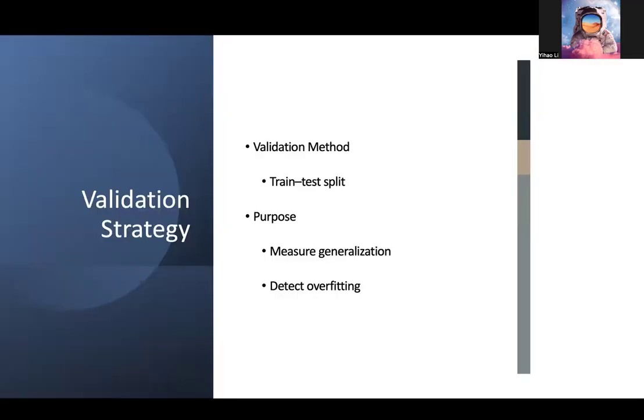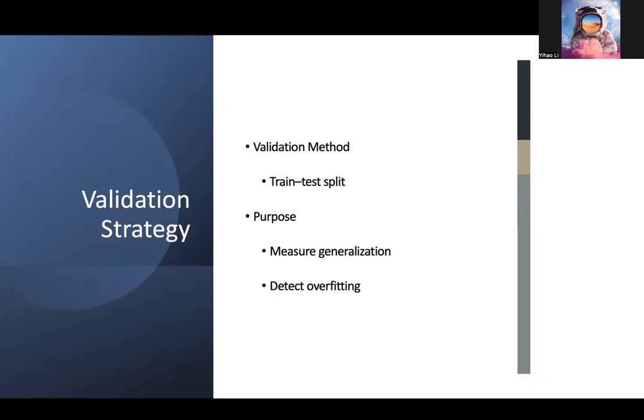So let's go to the next page. It talks about validation strategies. Validation is a critical component of this notebook and of machine learning in general. The dataset is split into a training set and a testing set. The training set is used to fit the model, while the test set is reserved for evaluating model performance on unseen data.